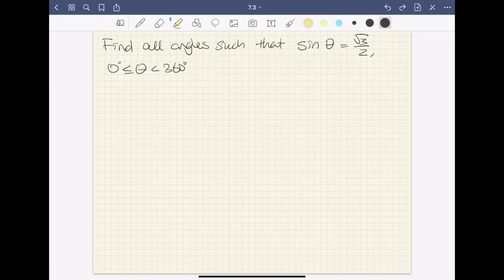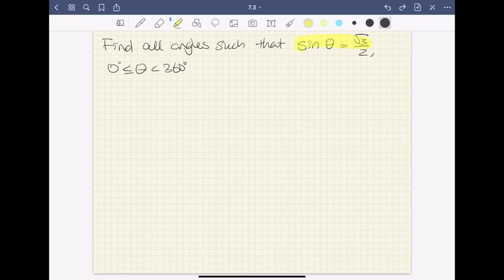Okay, this question is a little different from the two we did. In this question, it asks you to find the angle given the sine ratio. So the question is to find all angles such that sine theta is equal to root 3 over 2 and that theta is between 0 degrees and 360 degrees.